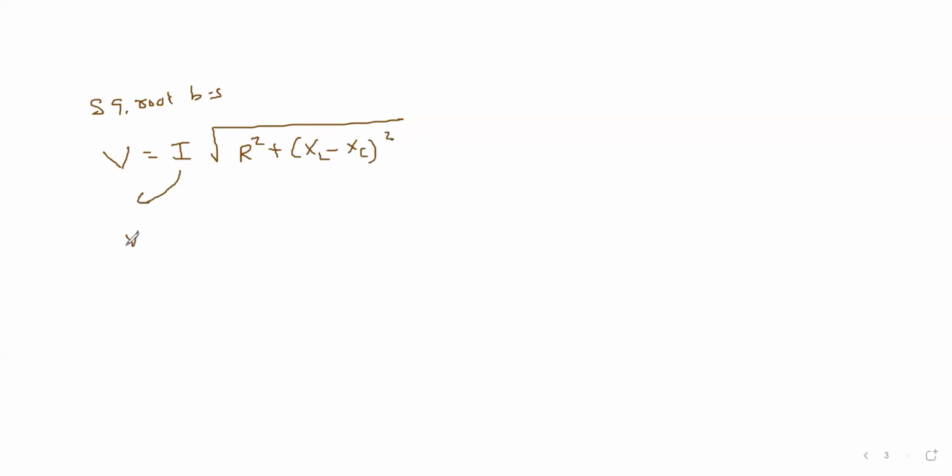Bring I to this side. V by I is equal to square root of R square plus XL minus XC the whole square. Here V by I is the collective resistance.